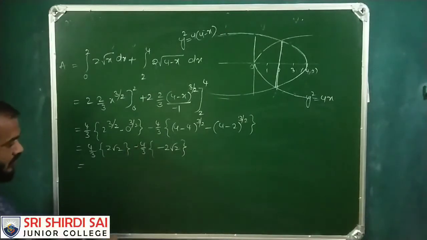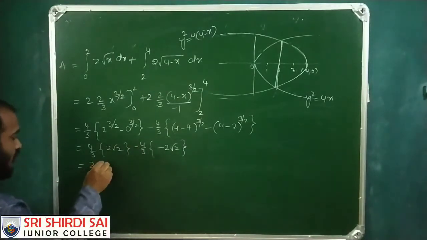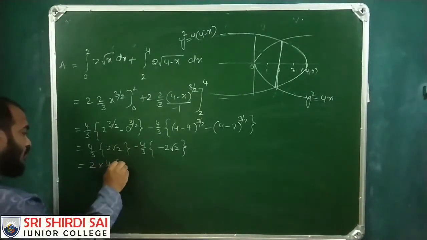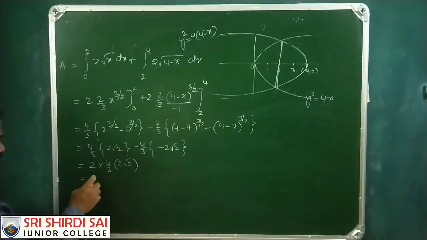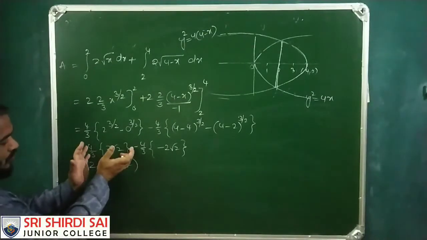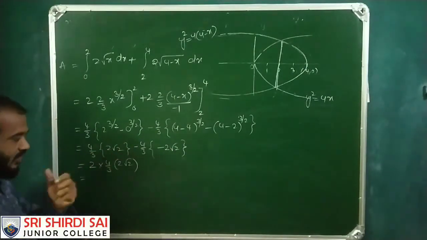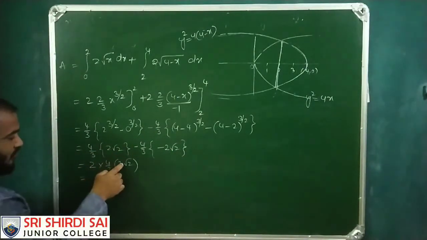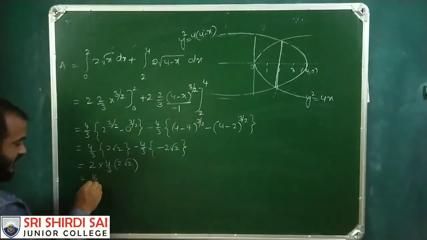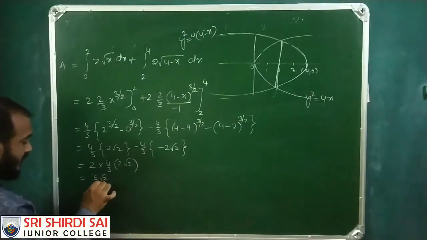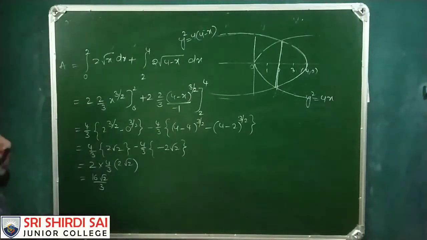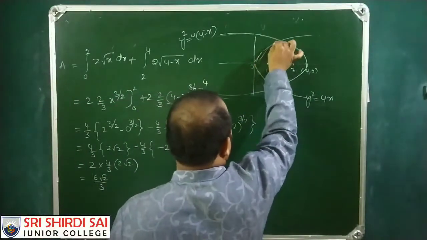This equals minus into minus, so 4 by 3 into 2 root 2, and another 4 by 3 into 2 root 2. So this is 2 into 4 by 3 into 2 root 2. 2 4s are 8, 8 2s are 16, so 16 root 2 by 3. This is only this one area.